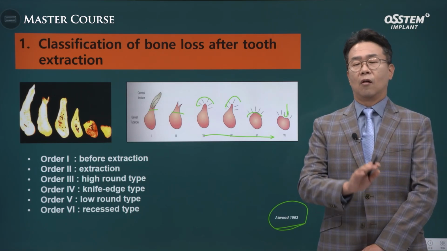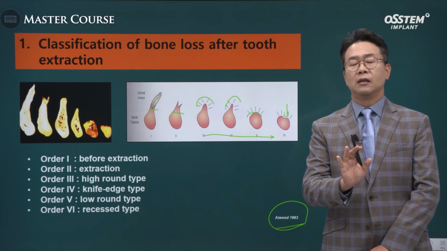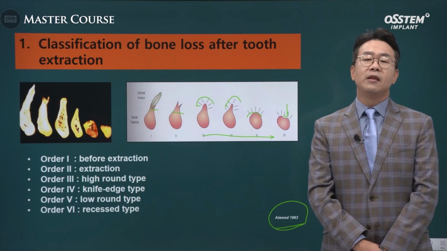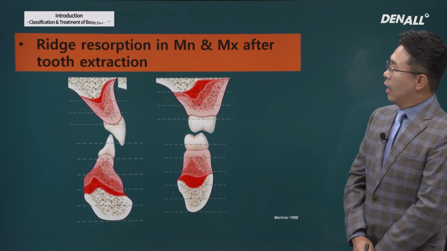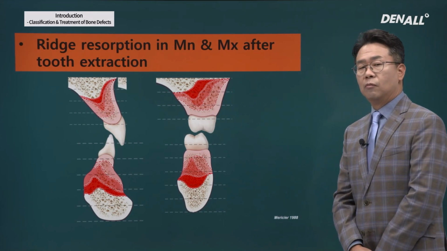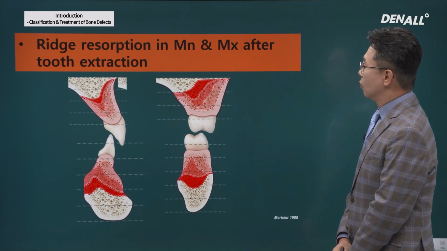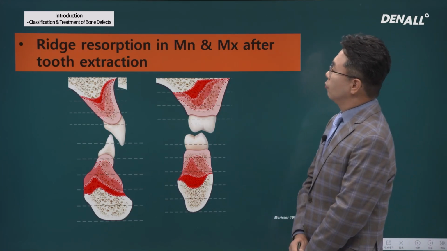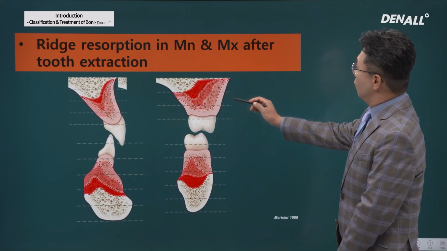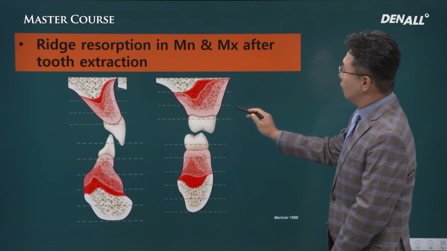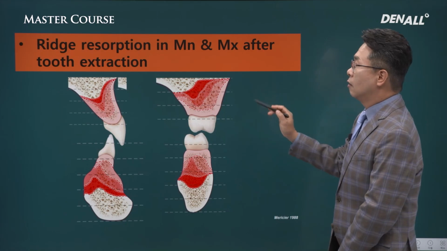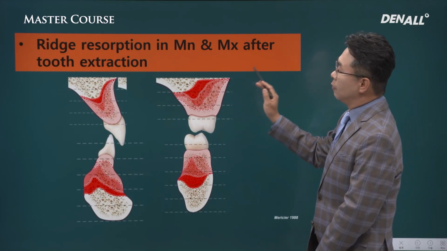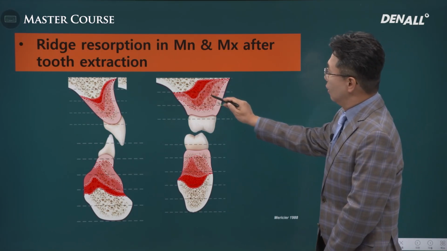When you look at it, it is quite difficult to understand what kind of implications it would have with the antagonist relationship. The antagonist relationship will be looked at. This is similar to Atwood's classification. This is right after extraction, and with time, it changes from high round to knife edge and then recessed type.